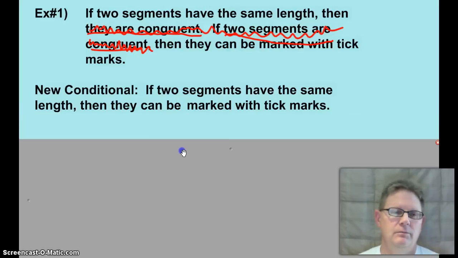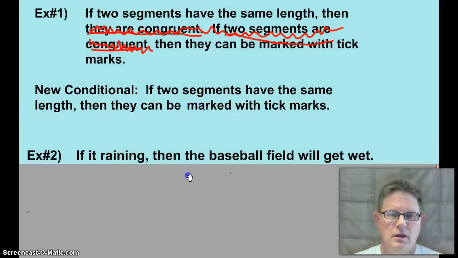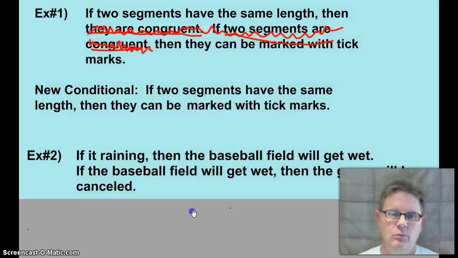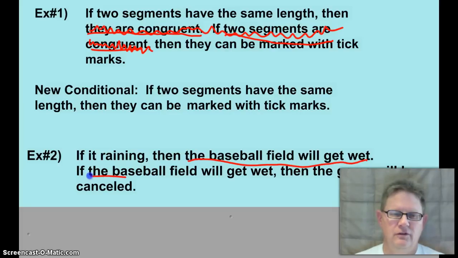Just that easy. Here's another one. If it is raining, then the baseball field will get wet. If the baseball field will get wet, then the game will be canceled. Notice that, again, the conclusion of the first one is the same as the hypothesis of the second one.